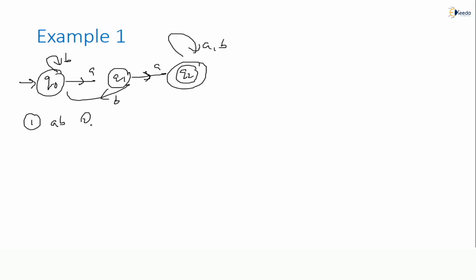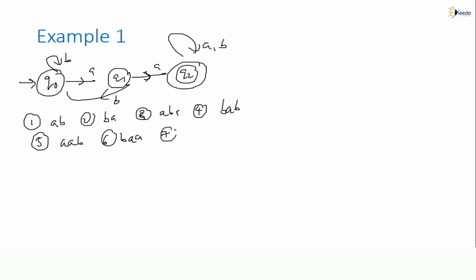One is AB, second one is BA, third one is ABA, fourth one is BAB, fifth one is AAB, sixth one is BAA, seventh one is ABAB, and eighth one is AABA, ninth one is BAAB, and tenth string, AABB.